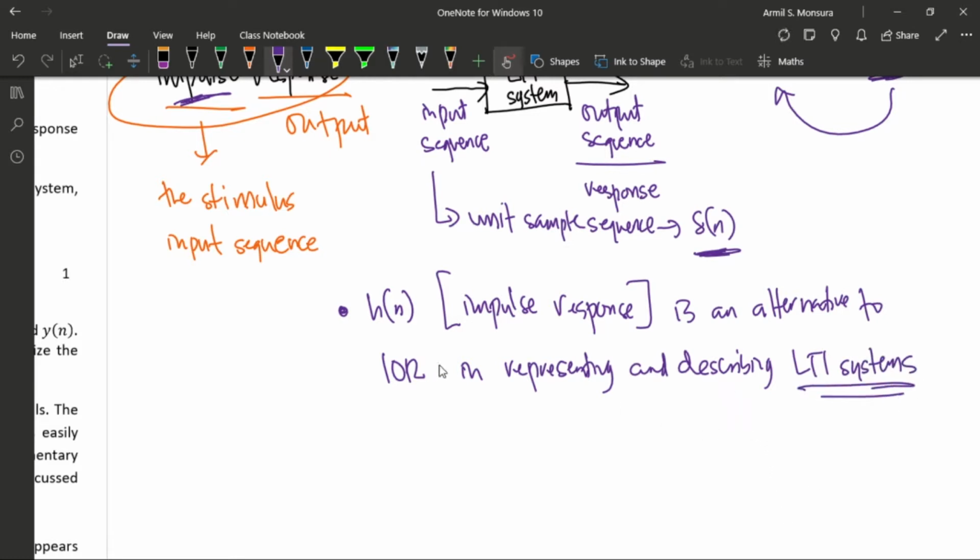Because again, the IOR can represent and describe virtually any kind of system, but h of n is limited only to LTI systems.